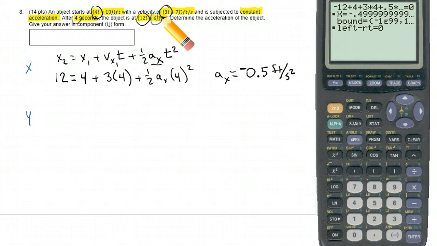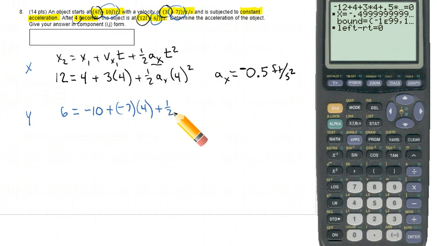My final y is 6. It's equal to initial y minus 10, don't forget the minus sign in there, plus initial velocity minus 7 times 4 plus acceleration in y times 4 squared.